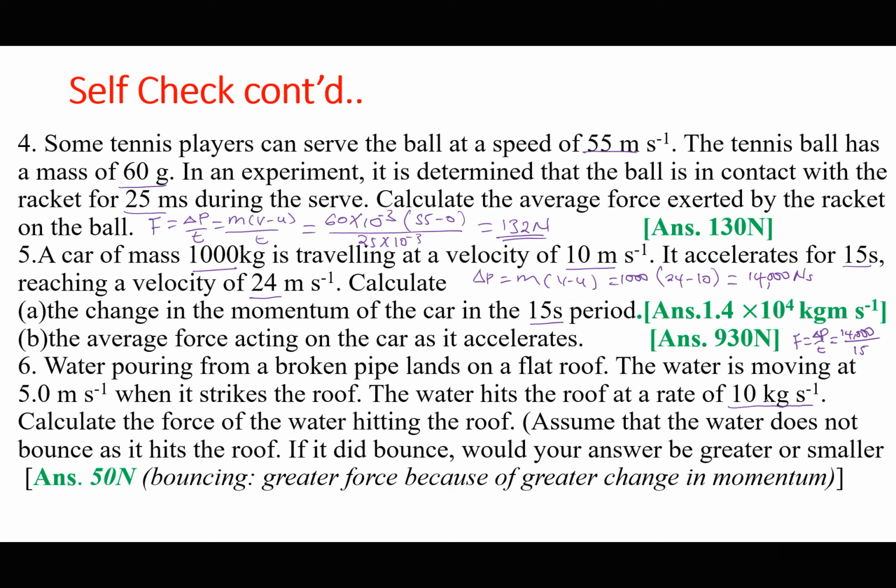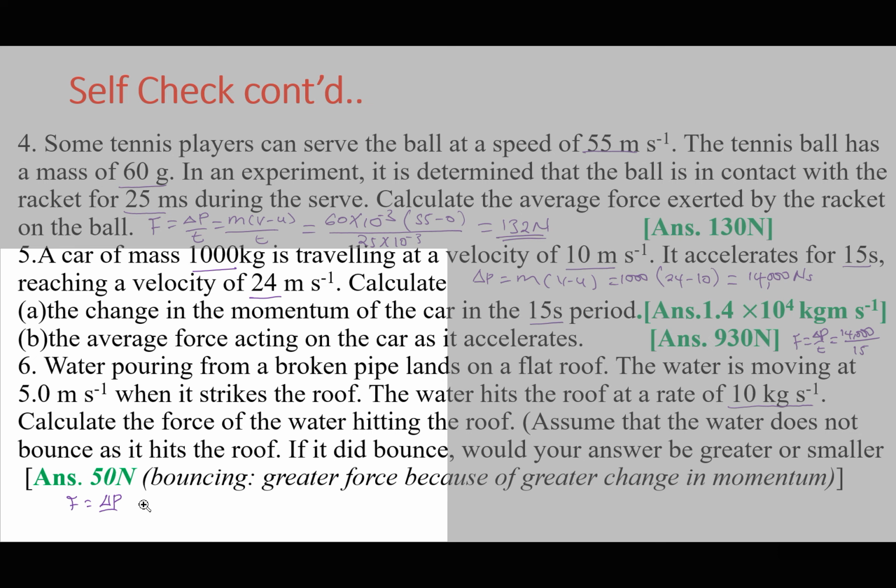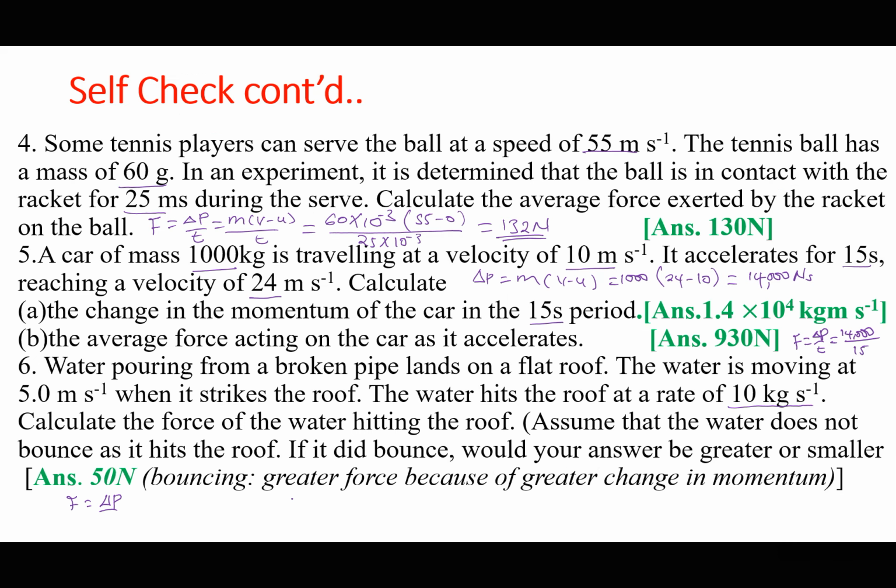If it doesn't bounce, then remember, force is the rate of change of momentum, which will be mass times v minus u over t. If it didn't bounce, one of these velocities is going to be 0.